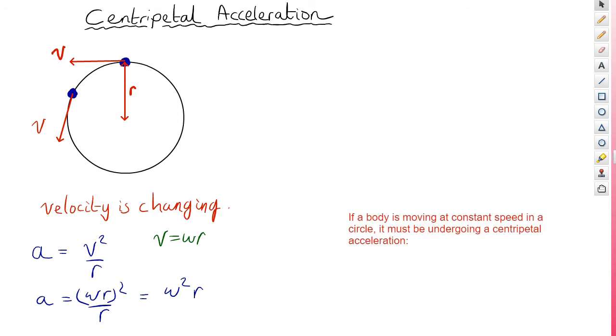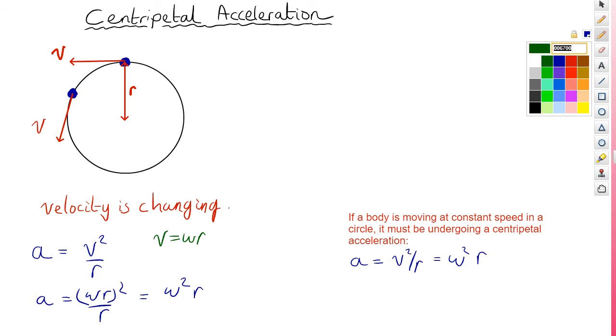So to summarise, if a body is moving at constant speed in a circle, then it must be undergoing a centripetal acceleration, and that centripetal acceleration is given either by v squared over r or omega squared r. They're both the same. Bear in mind, it's just normal acceleration. The fact that it's called centripetal is just because it makes something go in a circle, but it's normal acceleration in the sense that its units are just meters per second squared, just like any other acceleration.